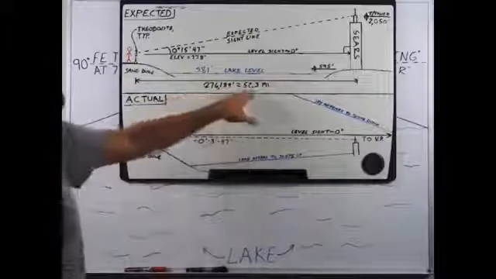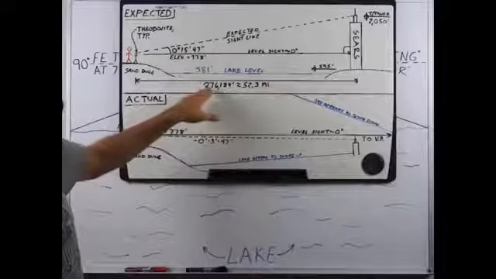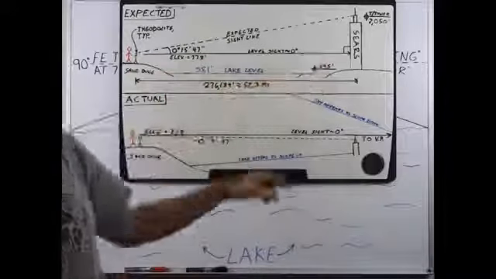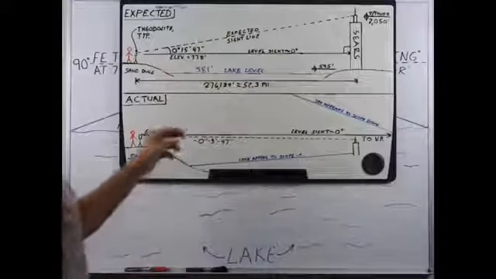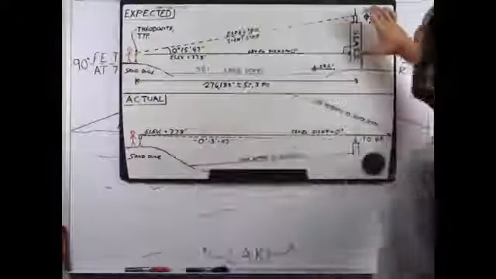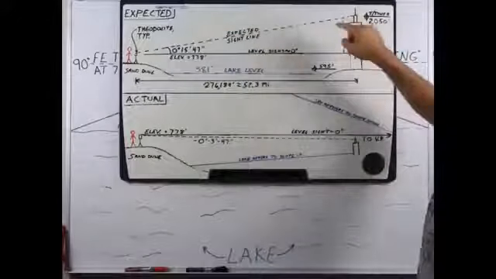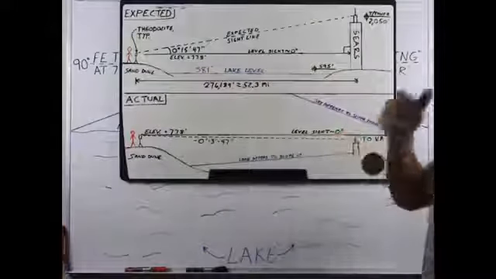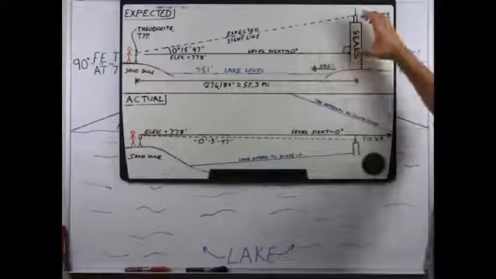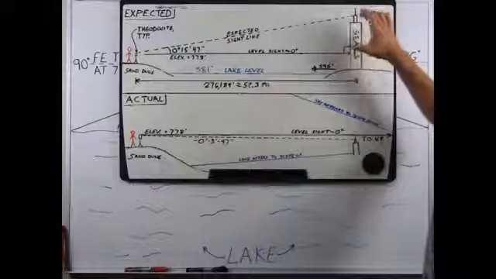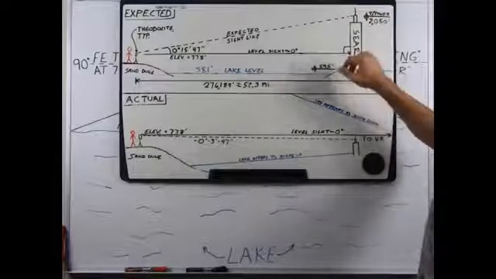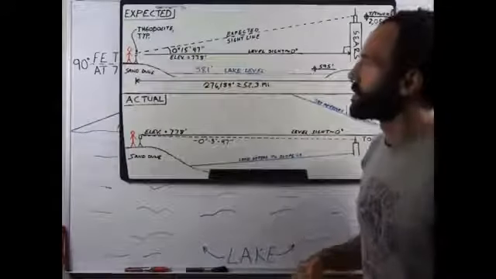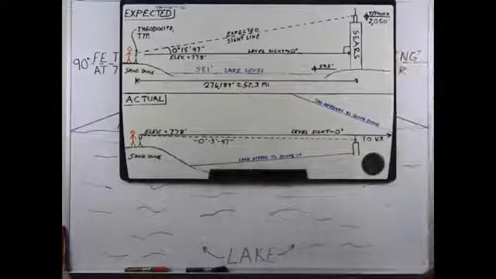You've got 52.3 miles, which is 276,189 feet. That's your adjacent leg for your right triangle. This would be the hypotenuse, the sight line. The opposite leg is 2,050 feet minus 778 feet. The inverse tangent of your opposite leg divided by your adjacent leg gives you this angle, which is 0 degrees, 15 minutes, and 47 seconds.